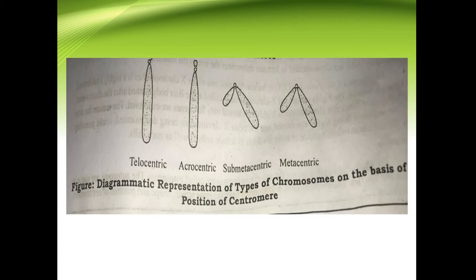Next we have metacentric. The centromere is lying somewhat in the center of the chromosome and the two arms are almost equal in length in metacentric type of chromosomes.